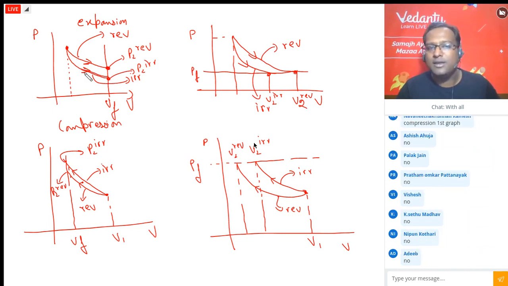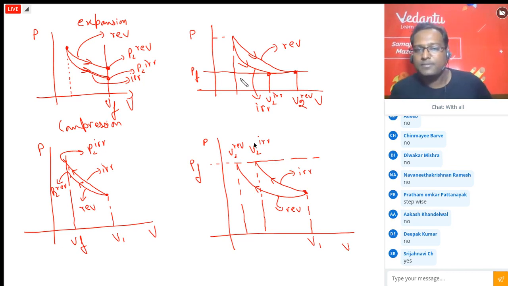No. It will actually have a step case diagram. This I have drawn just for the sake of comparison. So that step will either be above this or it will be below this. And hence we are getting different answers in compression and expansion.